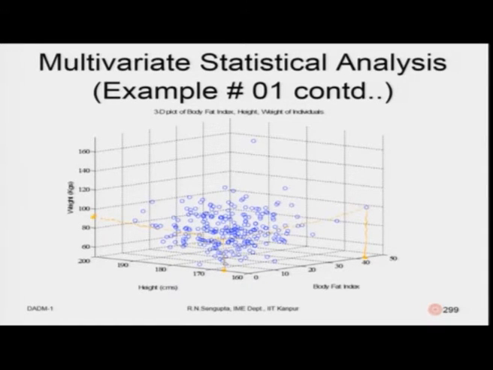So, the weight of the person would be about 96, 97. The height is about 167, and this is about 142. So, this person has the values of height, weight and body mass index as given.